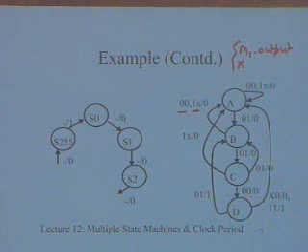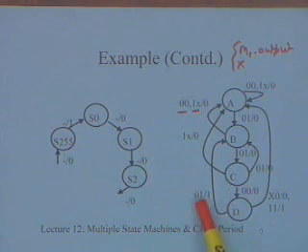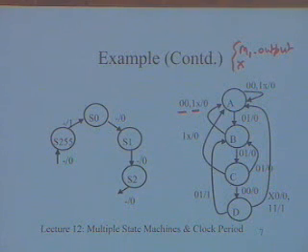D is a little more peculiar here. I have one transition which corresponds to the previous one, 0 1 1, going back to B. But now if I get a 0 input, it doesn't matter whether I get a 0 or 1 here, I will come back over here with a 0 output.